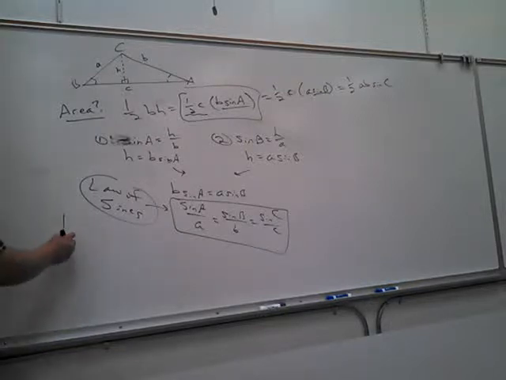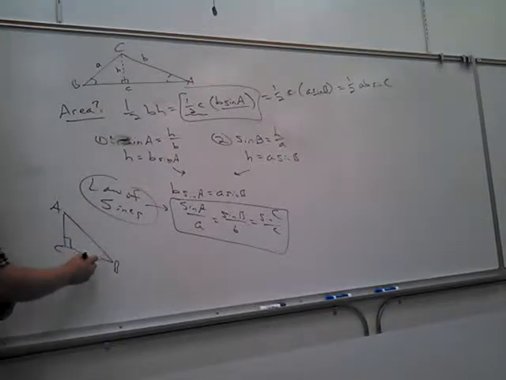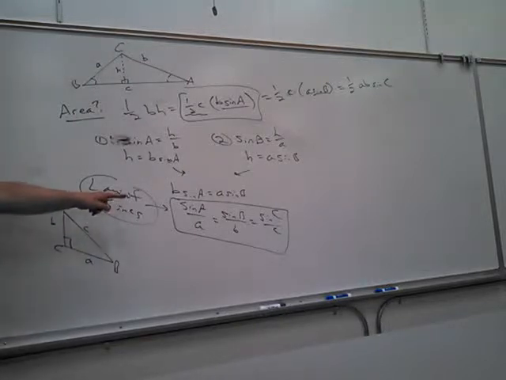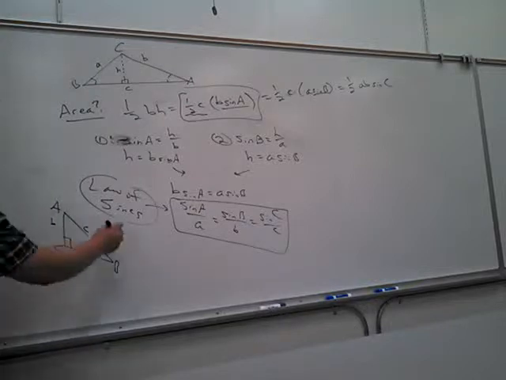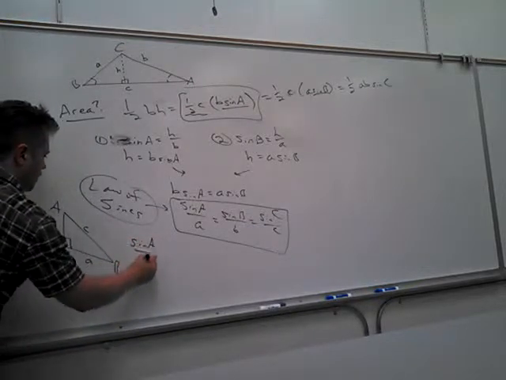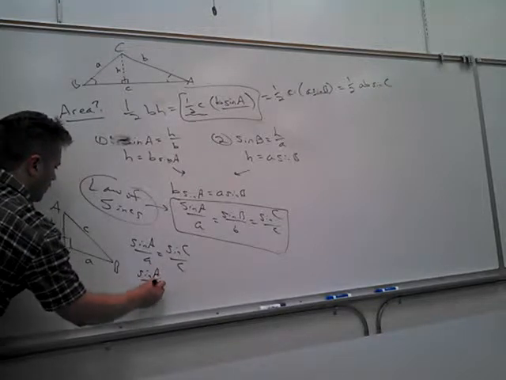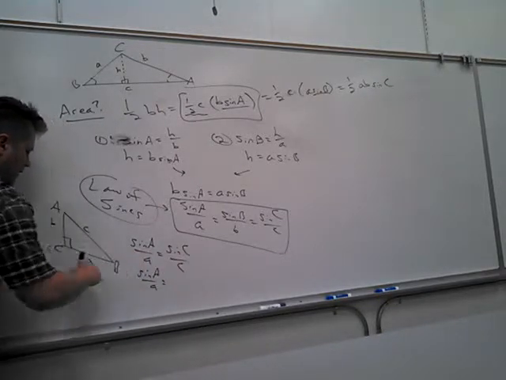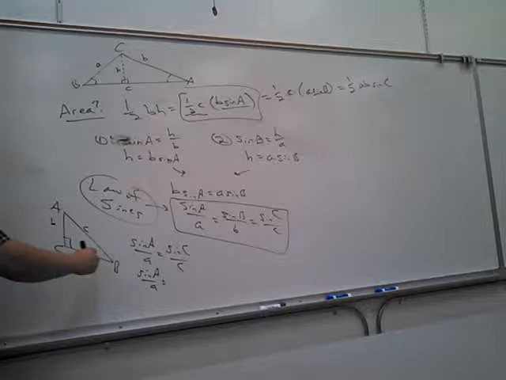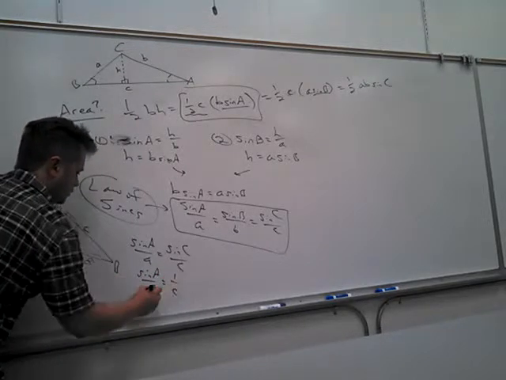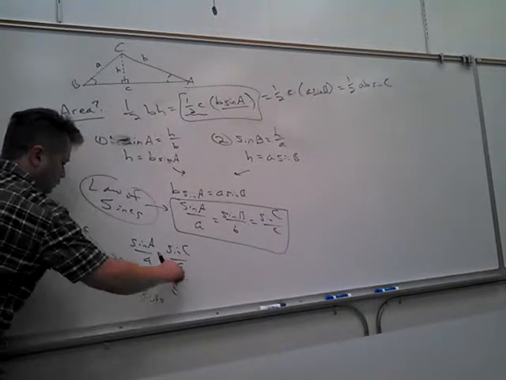So, for example, if C is a 90-degree angle, let's see what I get if I just apply the law of sines directly. If C is 90, then it says sine A over A equals sine C over C. Sine A over A equals, what's sine of 90? 1. Sine A equals, multiply the A up.